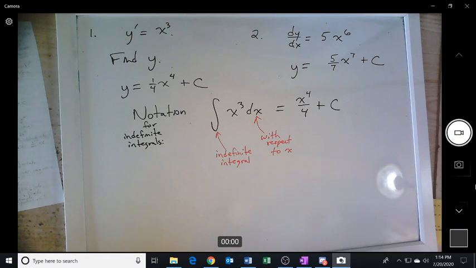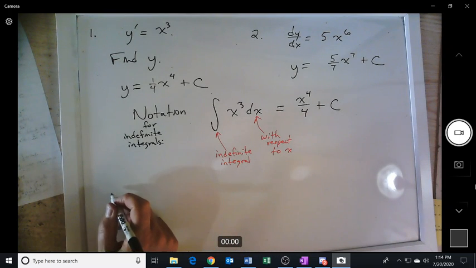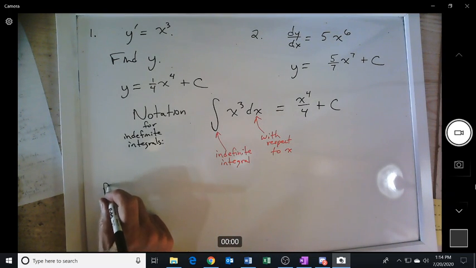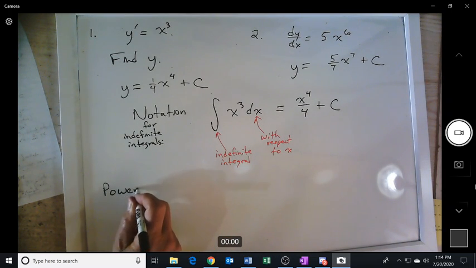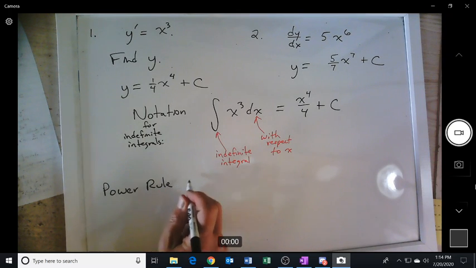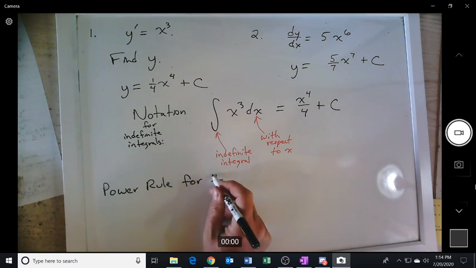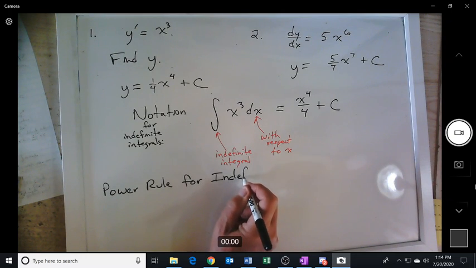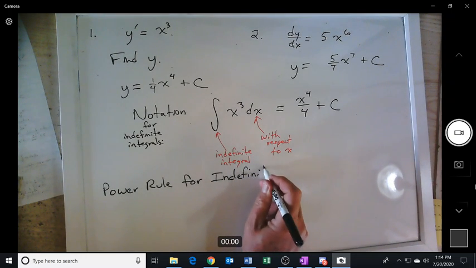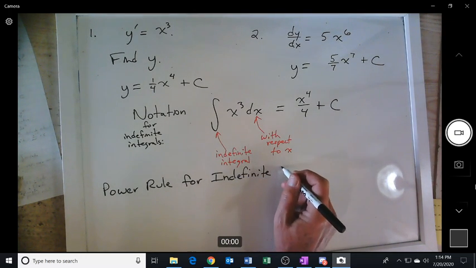We want to make up new rules for this. The first one we're going to do is the power rule for indefinite integration.